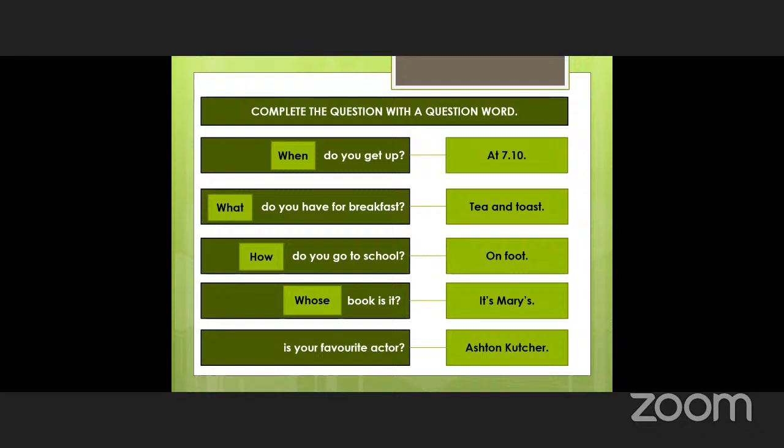La respuesta es una persona. Entonces sería who. Who, correct. Muy bien.